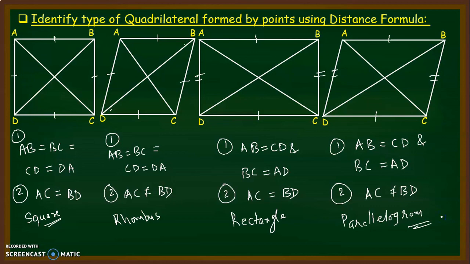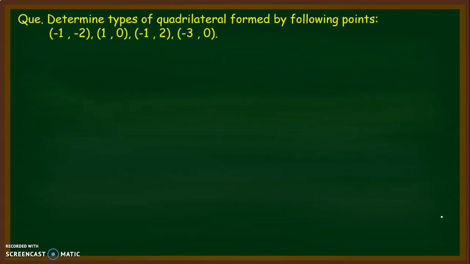So this is how we can check whether the 4 points form any type of quadrilateral or not using the distance formula. Let's see one simple question here. Here the 4 points are given, and determine which type of quadrilateral they form.